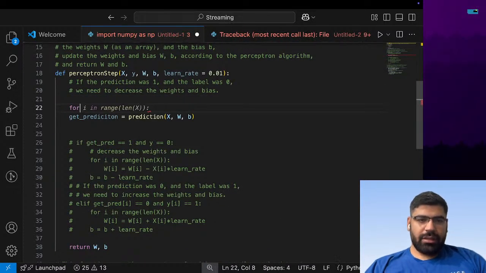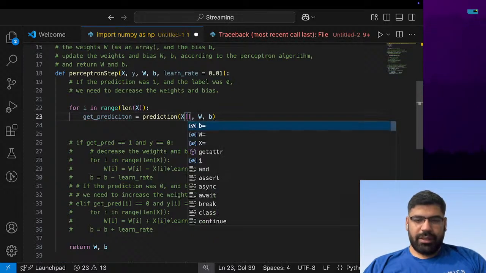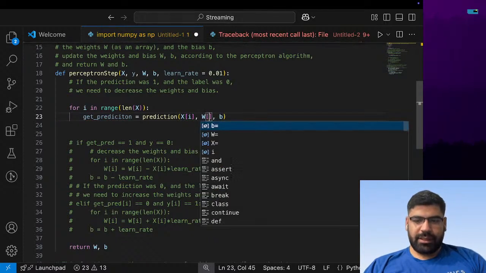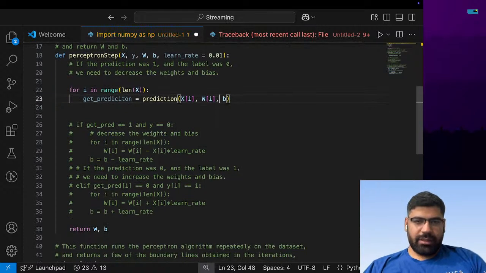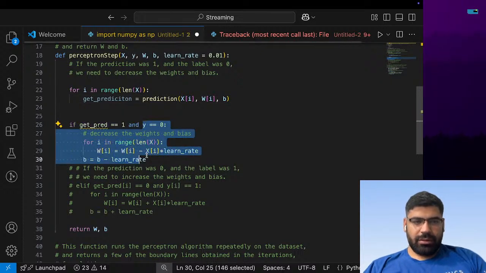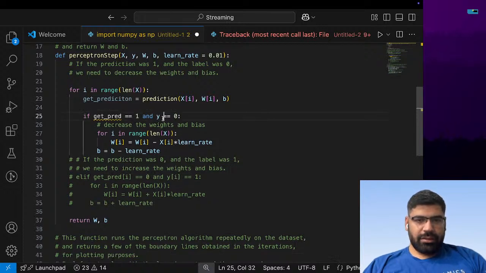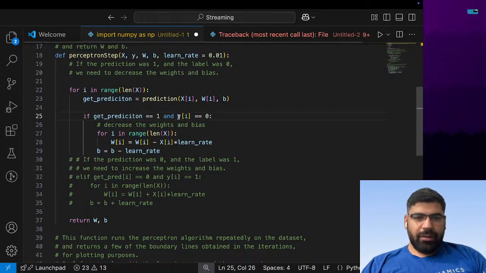For I in range, this get prediction. It needs to get an array. This is an array of arrays, so this is still getting an array. It gets something. Now, if the prediction is Y and this is here, get prediction is one, but the label value, right?